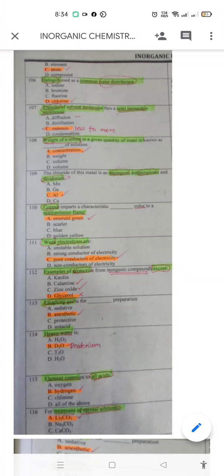That is your deuterium. I repeat, that is your deuterium. It is an isotope of hydrogen. So deuterium is an isotope of hydrogen, which is also known as your heavy water. Heavy water is chemically the same as your regular or light water, but with 2 hydrogen atoms.